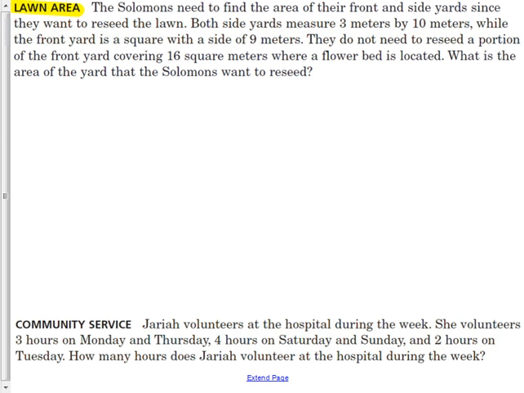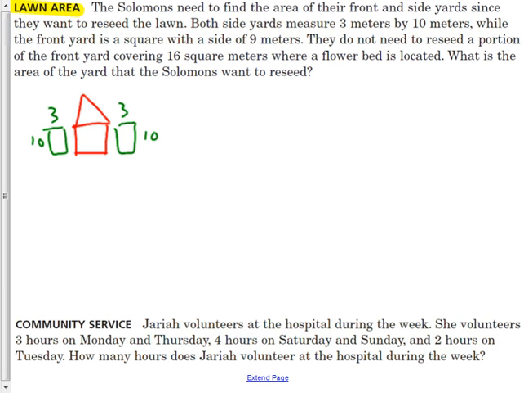There's a lot going on in this problem, but let's visualize it first. If this is the house, we know that both side yards are 3 meters by 10 meters. So I'm just going to draw two little rectangles here. These are the two side yards, and they're both 3 by 10. So that's part of the yard.